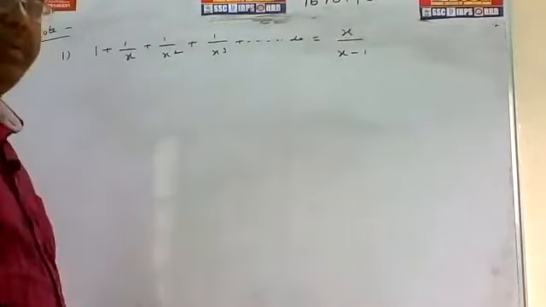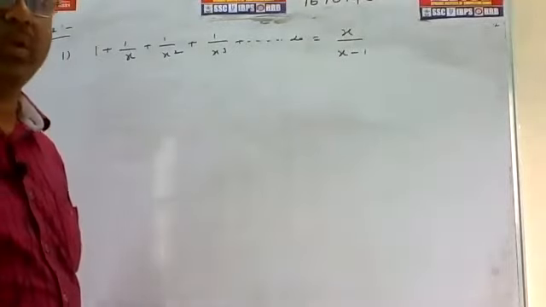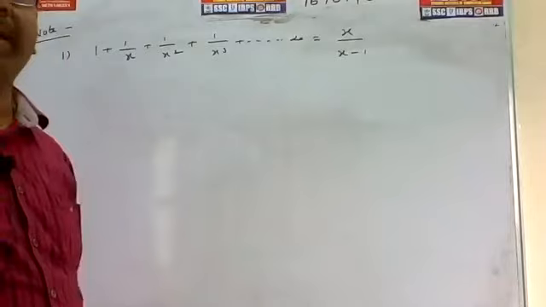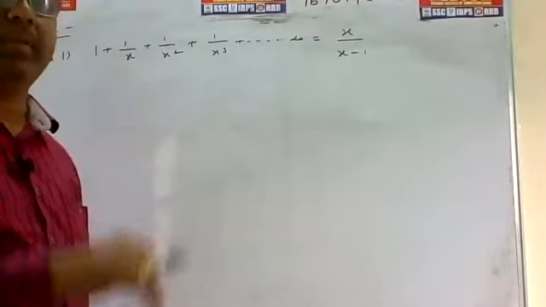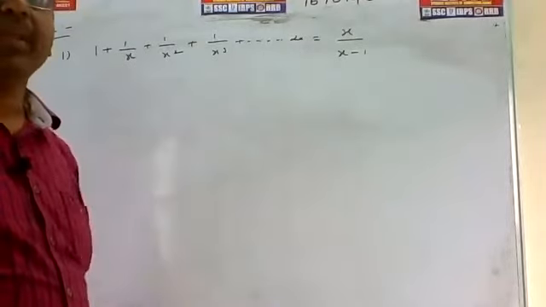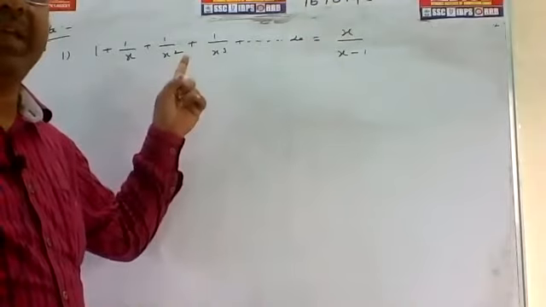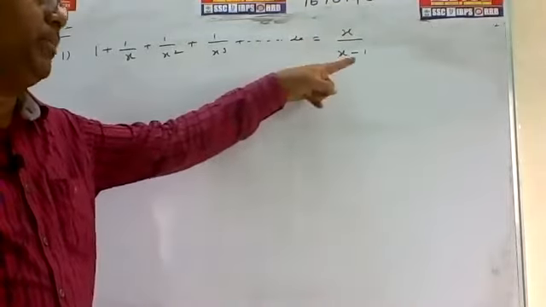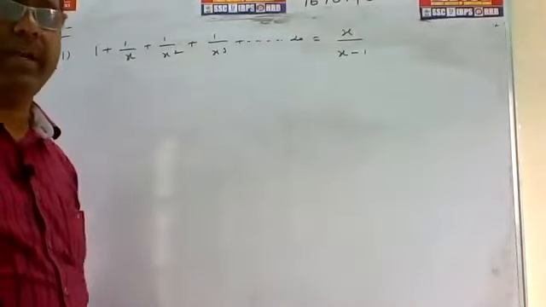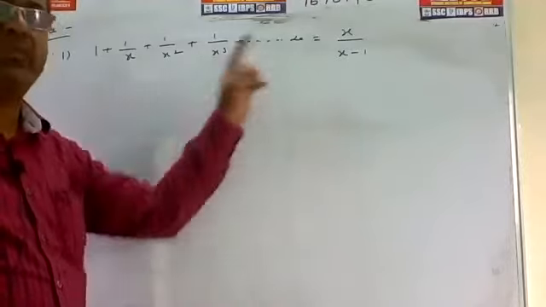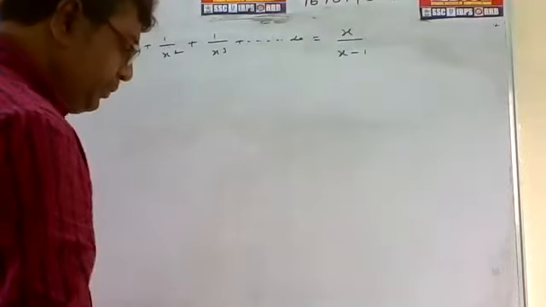Previous problem I can do by this method also. In the previous problem the value of x is 3, so 3 by 3 minus 1, 3 by 2 is the answer. Direct answer way. In the previous problem you can use this formula also.